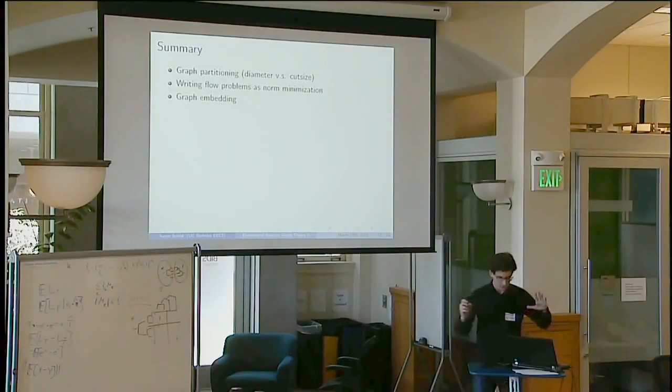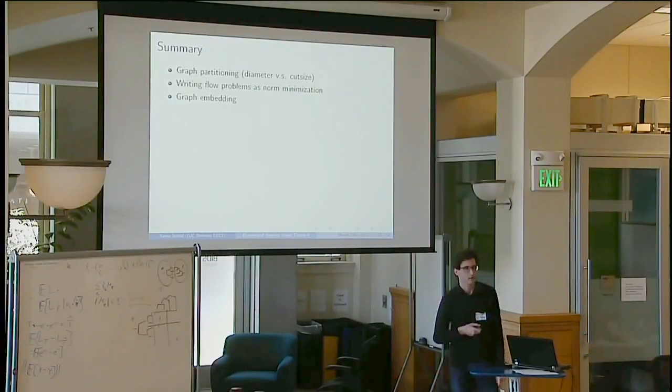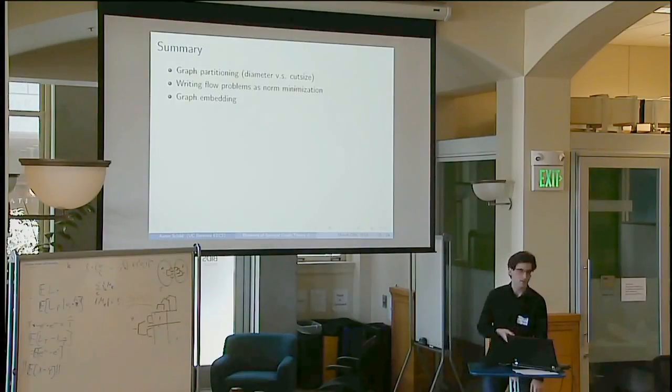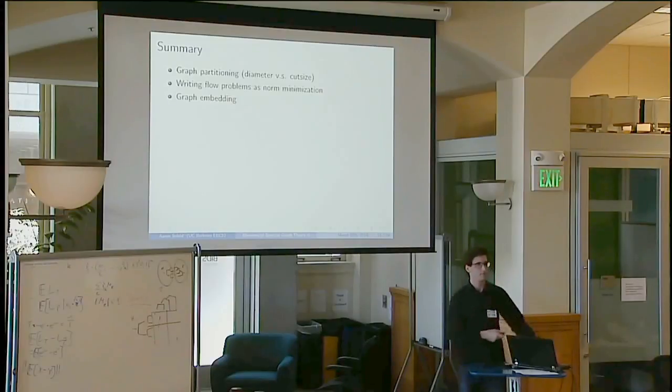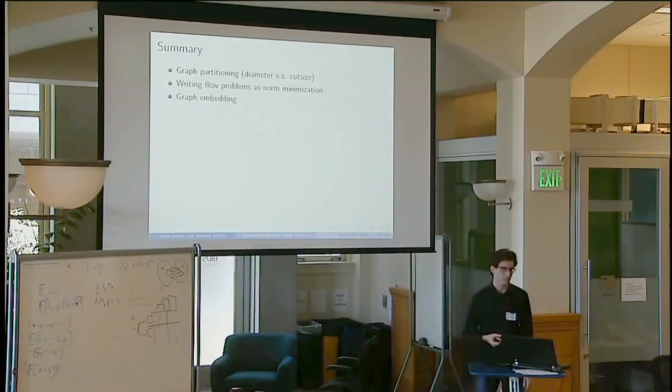Okay, so just to summarize, throughout this talk, we've been trying to understand various techniques in graph algorithms by hammering away at the max flow problem. We started with a standard approach that doesn't use that much graph structure, the Ford-Fulkerson algorithm.